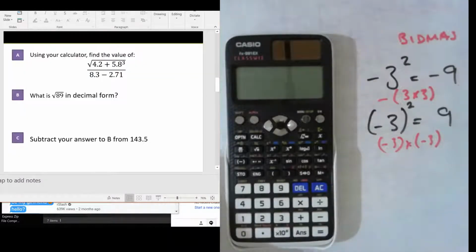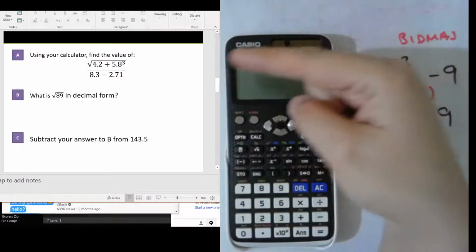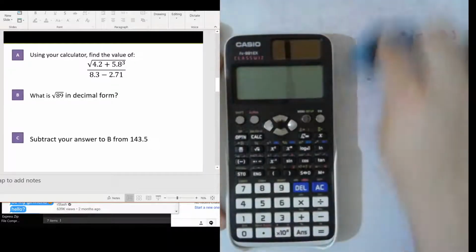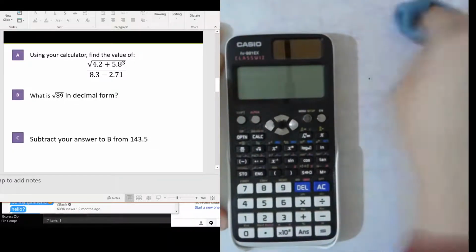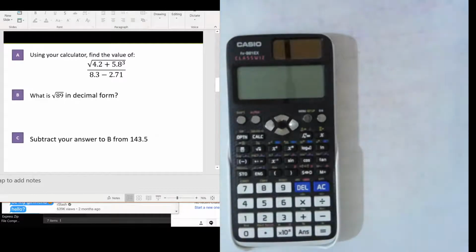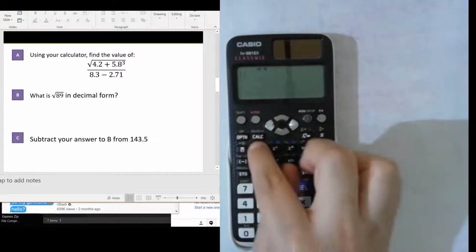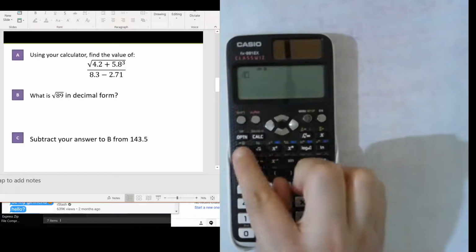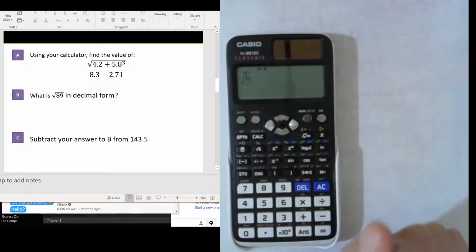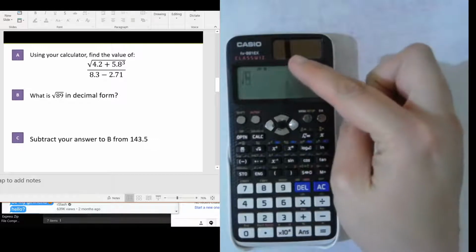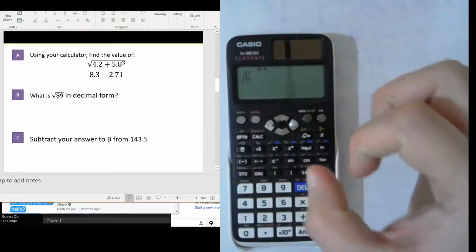Okay, so what about this one? If you were asked to complete that, how would you do it? Okay, so I know quite a few people sometimes start off with the square root and then they press the fraction key. And when you do that, you will notice that the actual square root goes over all of it.